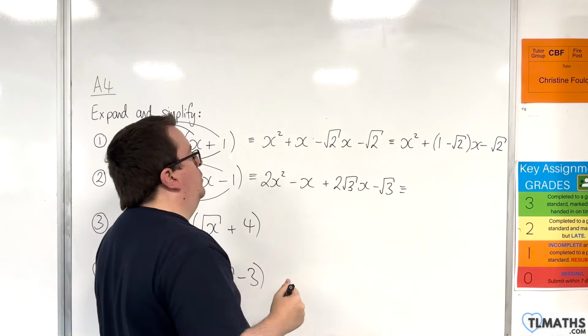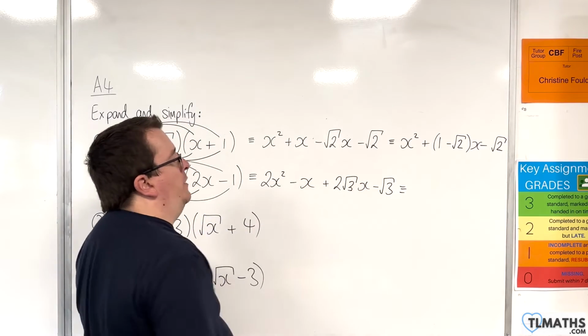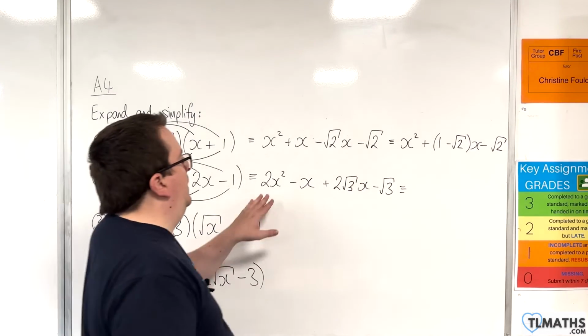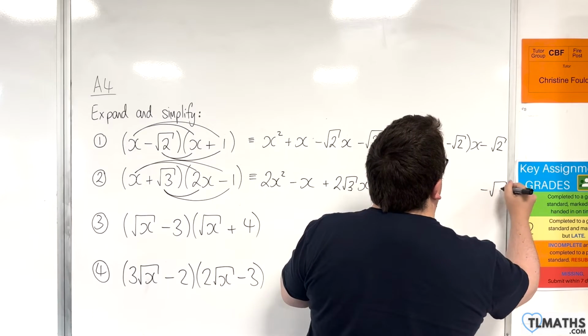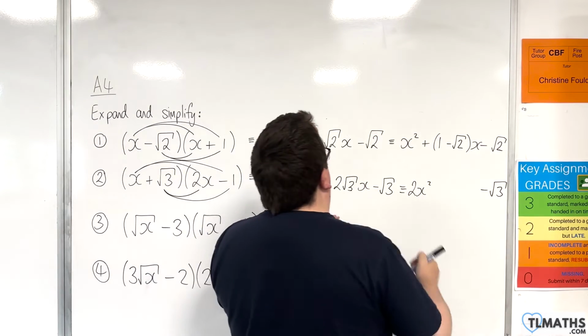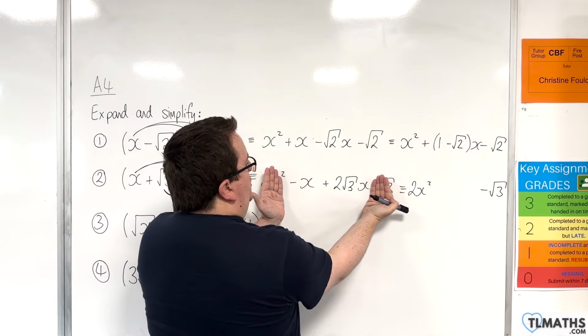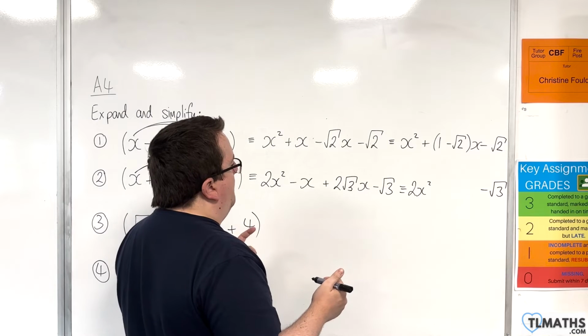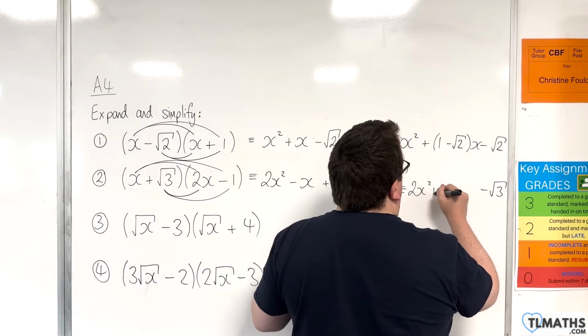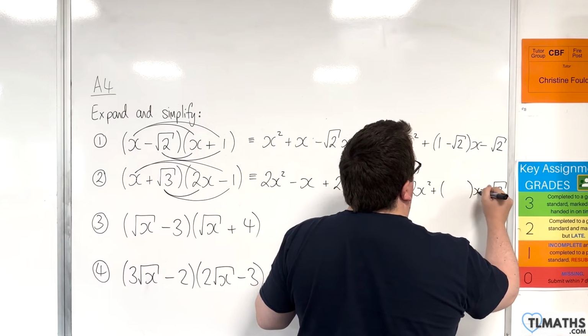Now again, we might want to factorize those two terms in the middle. So we can leave the 2x squared where it is. We can leave the minus root 3 where it is. And we can factor x out of those two terms. I'll leave that for the moment. We'll have plus and then a bracket with an x.